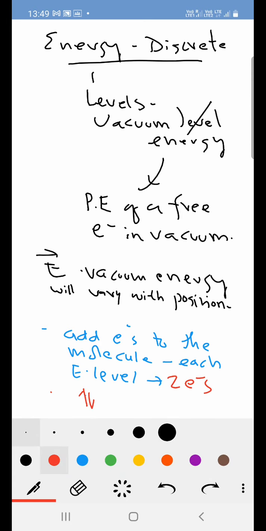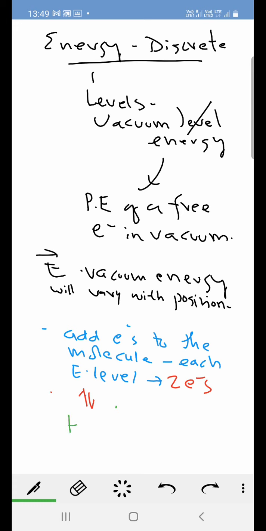The highest occupied molecular orbital is called HOMO, and the lowest unoccupied molecular orbital is called LUMO.